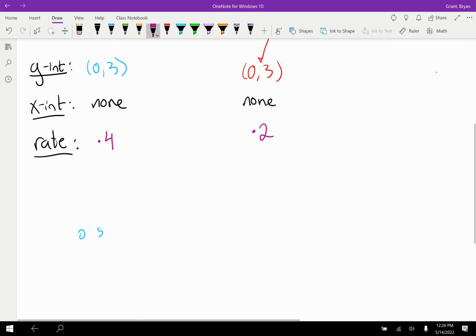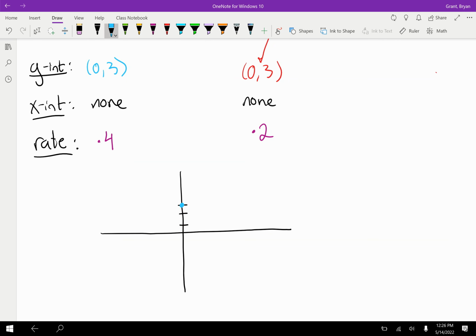In fact, if you really wanted, you could just compare the two graphs pretty quickly from here, I think. I'll even put them on the same xy axis. Okay, it looks like they have the same y-intercept, 0, 3, so I'll do 1 in blue, and then kind of right on top of that I'll do 1 in red. It looks like, though, the rate of the blue function goes up by 4 every time, so that goes up really fast over here.